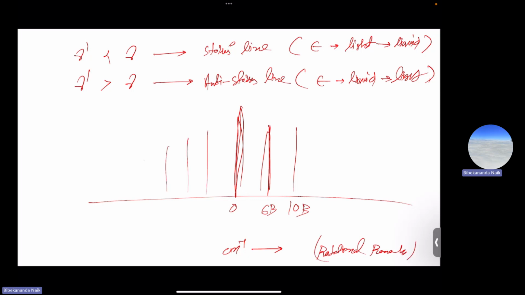These lines are called Stokes lines, and these are called anti-Stokes lines. Then it will be minus 6B, minus 10B like that. How these plus 6B, plus 10B and minus 6B, minus 10B come, we will discuss more in the upcoming questions.